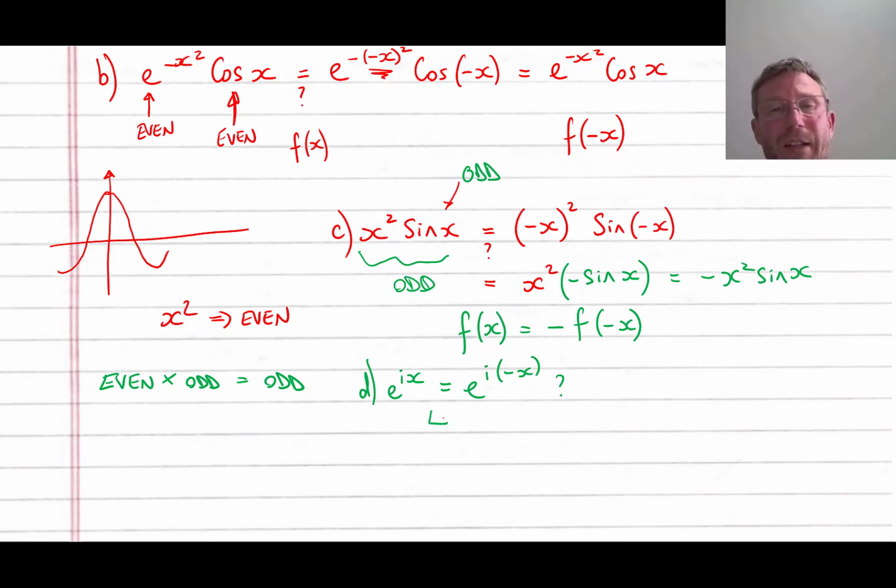What we need to do here is use Euler's principle, so we convert that into cosine x plus i sine x.